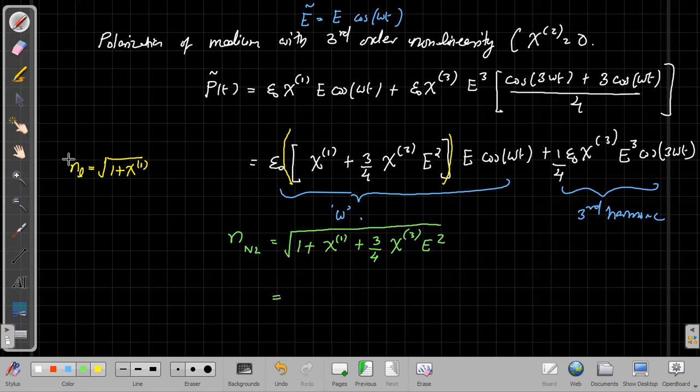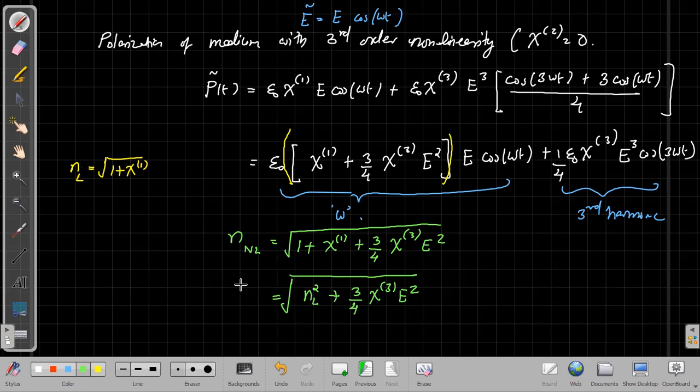Now 1 plus chi1 is basically the square of the linear refractive index. So this becomes square root of NL square plus 3 by 4 chi3 E square.